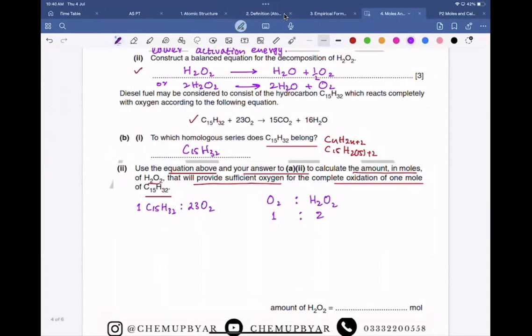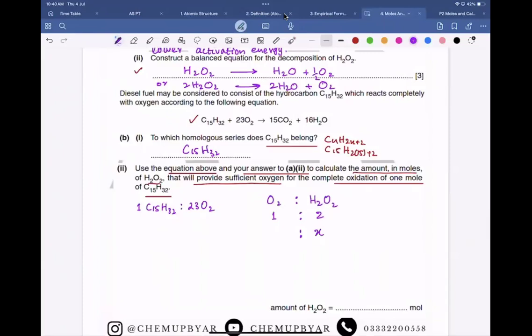No, not these four. See, if you read it carefully, what they are saying is that you have to calculate the amount of moles of H2O2. So it means I need the moles of H2O2, which would be X, and O2 would be 23.